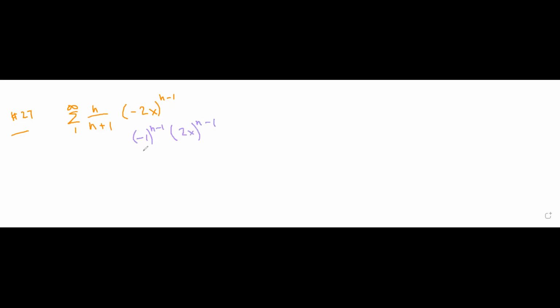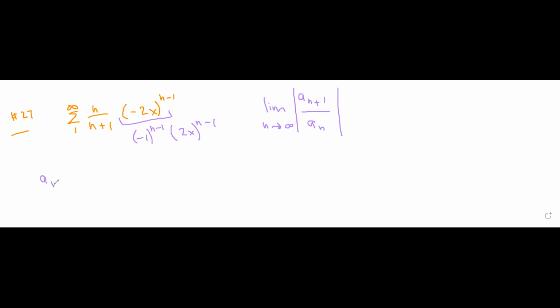You can split this portion here, because when we consider the ratio test, the n plus first term divided by the nth term, then we take the absolute values, so this -1 is going to be ignored.